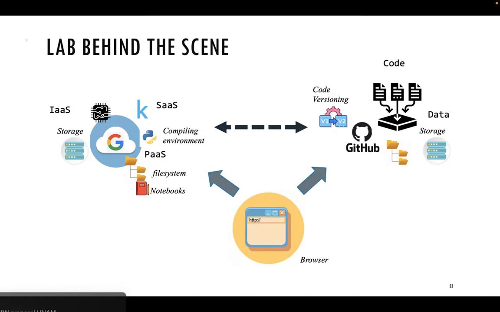So the idea is also that you have this vision of more or less the state of the art of the practice of data science, at least until now. And the cool thing is that the only thing that we need is a browser, so we will not have to install anything.